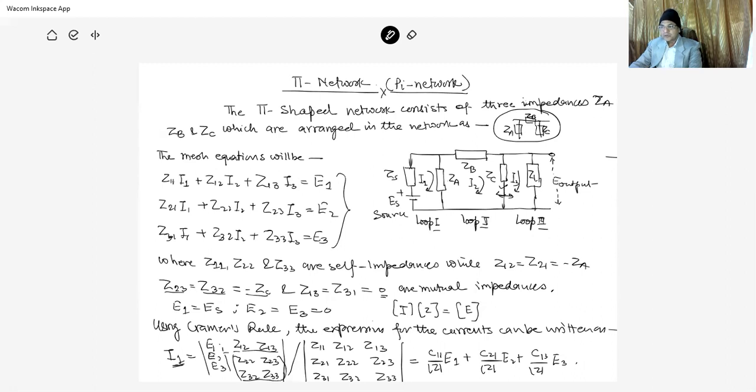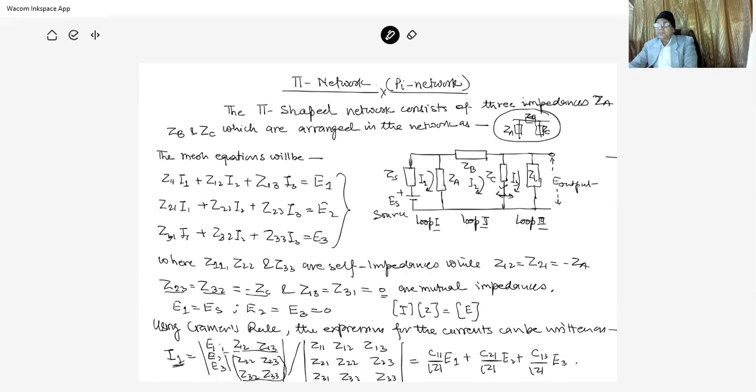Similarly, C21 means eliminating the second row and first column, so the elements are Z12, Z13, Z32, Z33. Similarly, for the C31 cofactor, eliminating the first column and the third row, we find the elements are Z12, Z13, Z22, Z23.